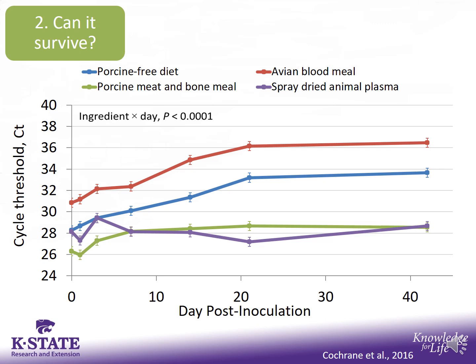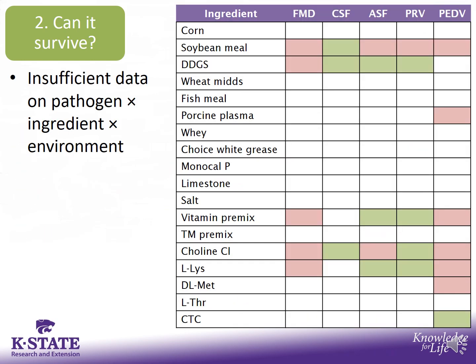The quantity of detectable porcine epidemic diarrhea virus in the porcine-based ingredients, both the meat and bone meal and spray-dried porcine plasma, was very stable over the 42 days. However, the quantity of detectable PEDV RNA over time was reduced in the complete diet that had no porcine-based ingredients, and also was substantially reduced in the avian blood meal.